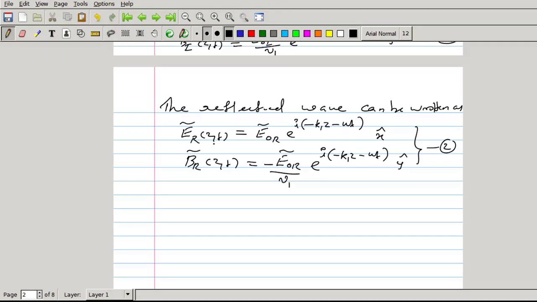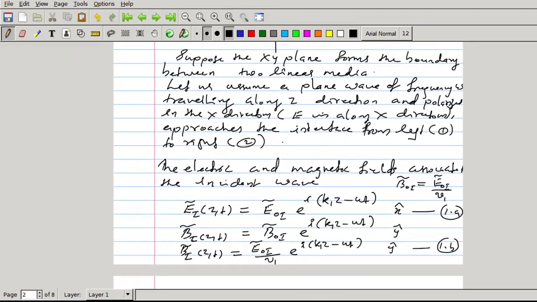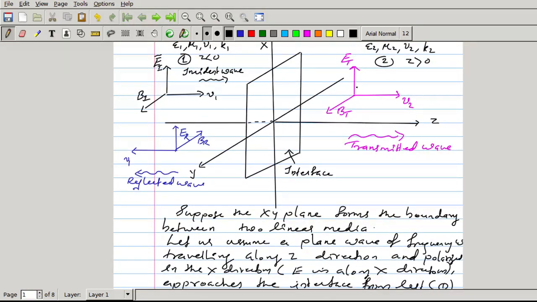So the electric field vector is along x direction, and the magnetic field vector, when we consider this negative sign, minus y cap, it is along minus y cap. See this figure, here the magnetic field vector is along positive y direction, here the magnetic field vector is along negative y direction, or you can take it as k cross E by omega. Magnetic field is given by k cross E by omega.